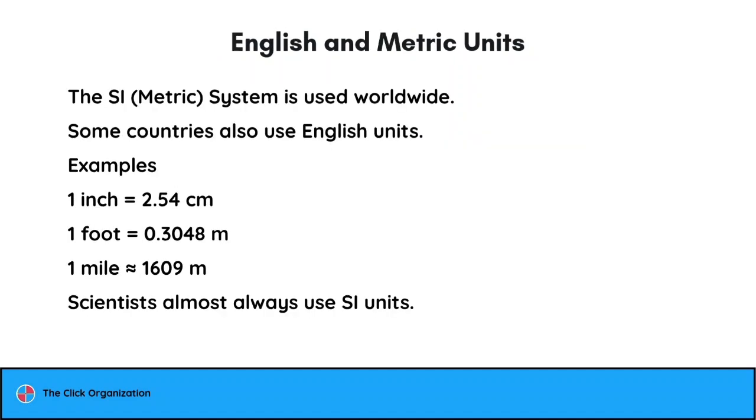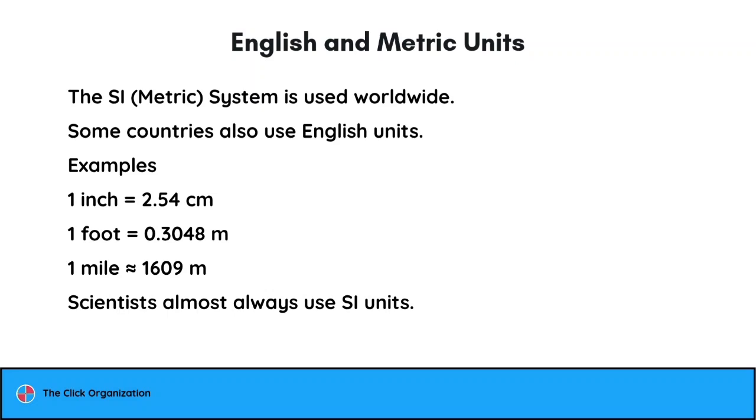English and metric units. There are different systems of measurement used around the world. The most common system in science is the International System of Units, or SI system, also known as the metric system. However, some countries such as the United States still use English units in everyday life.